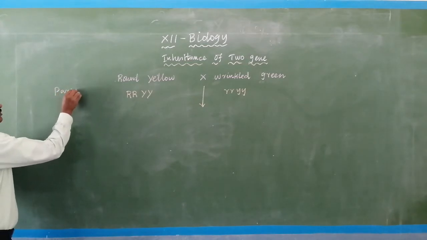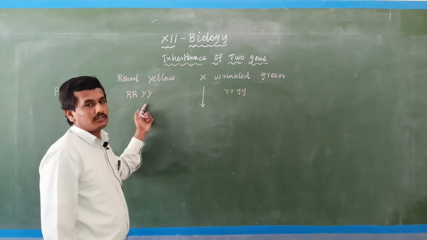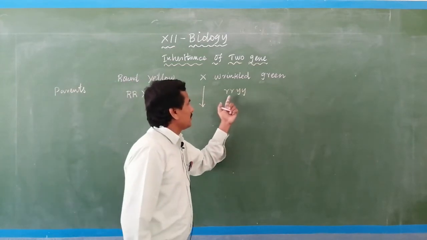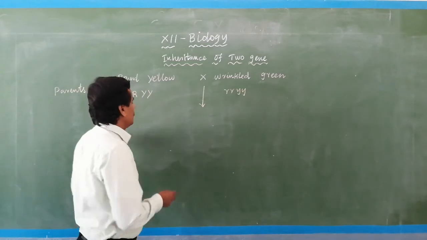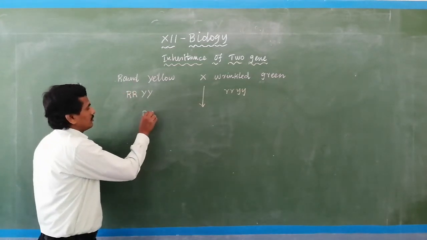Okay. So, the parent characters are round seeded plus yellow cotyledon in one garden pea plant, and wrinkled seeded and green cotyledon in another garden pea plant. We take the gametes. Gamete means both the characters are present in the gamete.